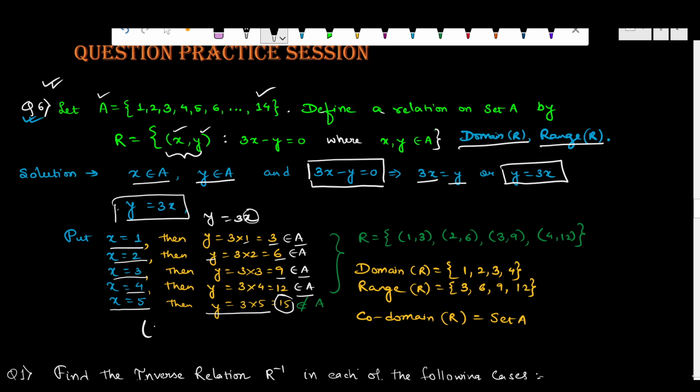So this pair (5, 15) will not belong to R, as 15 doesn't belong to A, right?